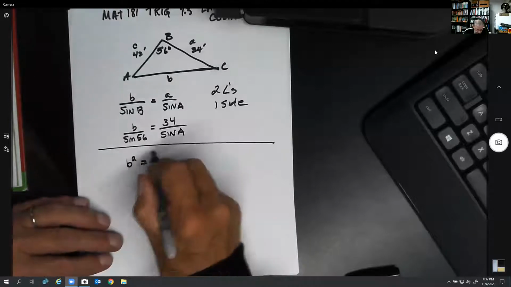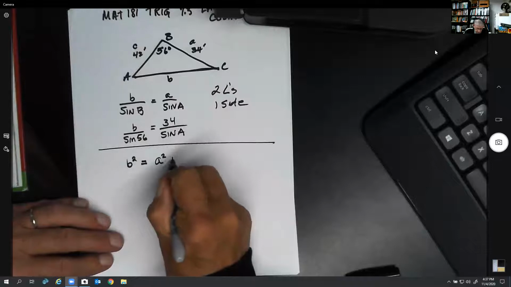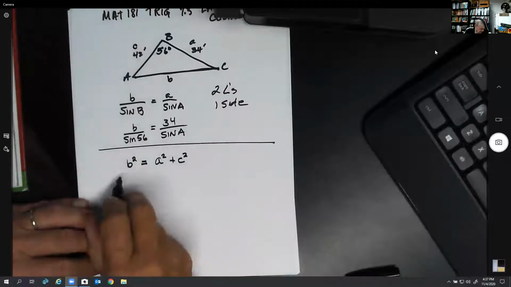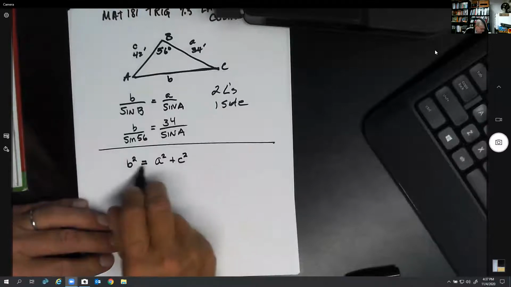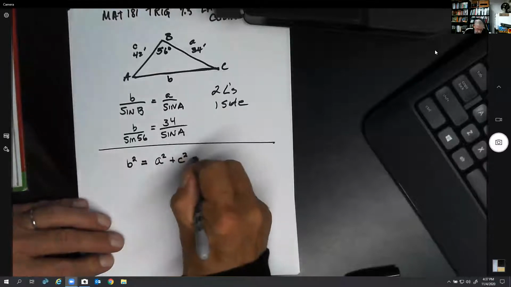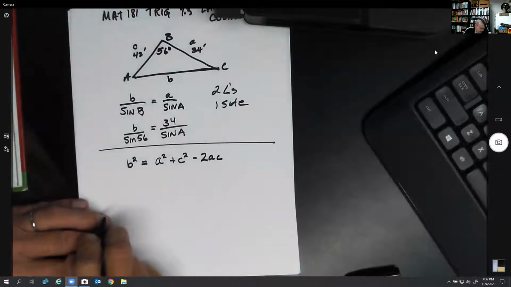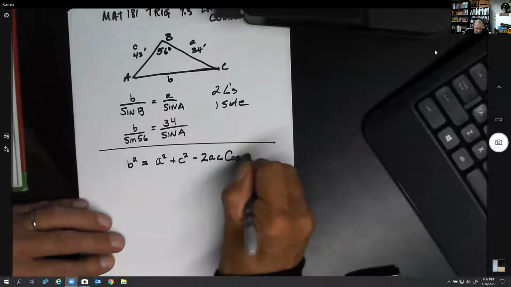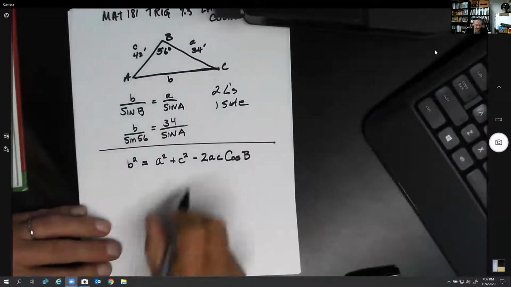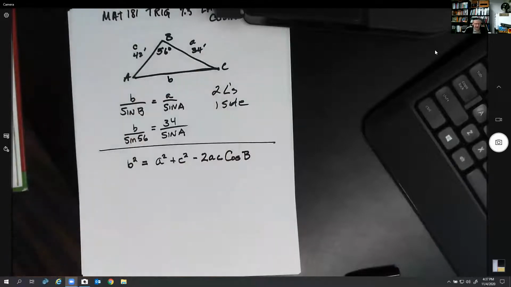So we got B squared equals A squared plus C squared, the two things we aren't using, minus 2AC, and then finally, the cosine of B. We do need the angle opposite the side. So this is the law of cosines.